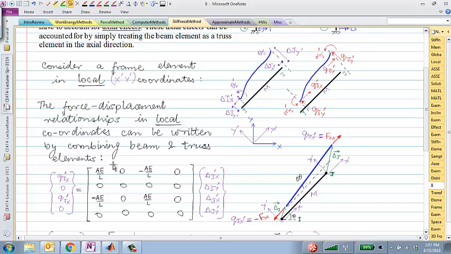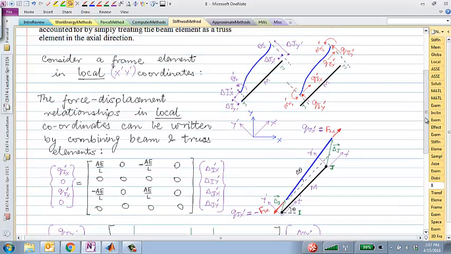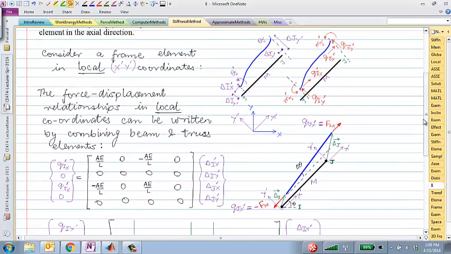So we've already derived this long back with the truss elements. So the axial part is already done.